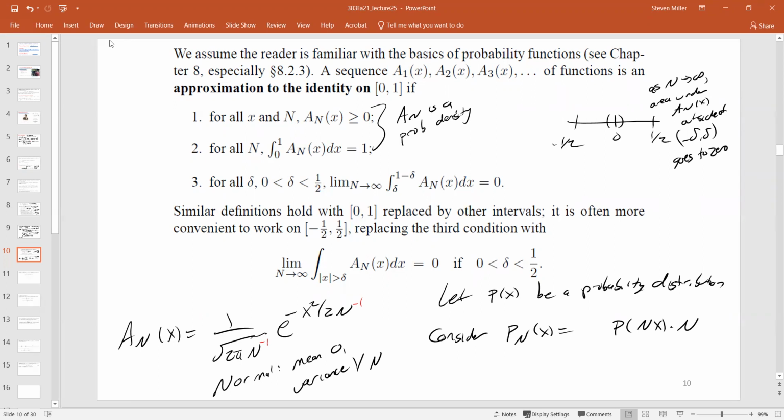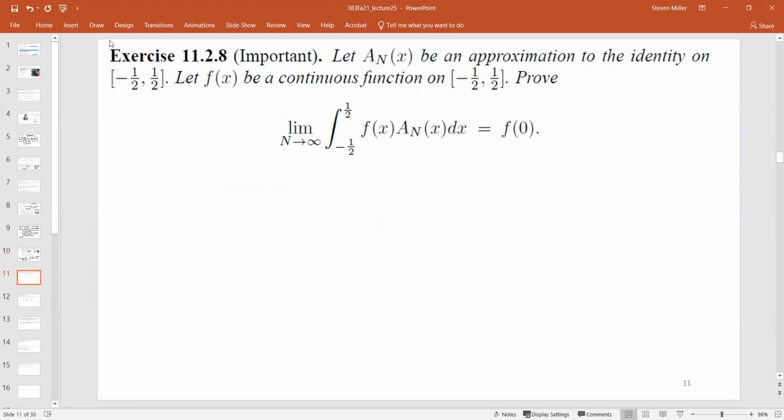Okay. So as a nice exercise, if you take a continuous function f and any sequence a_n that's an approximation to the identity, as we integrate from -1/2 to 1/2, this is just going to go to f(0). Essentially the way to think about this is that all of the mass is getting concentrated closer and closer to 0.